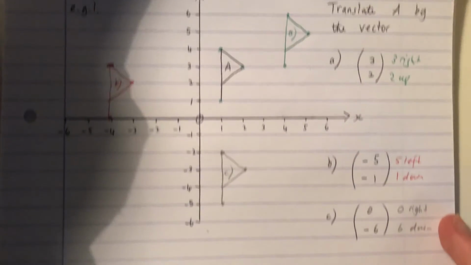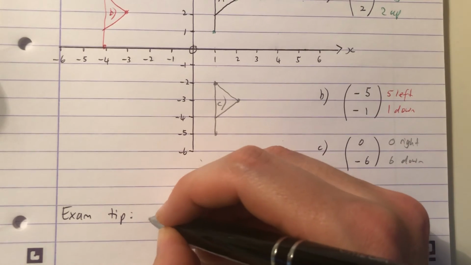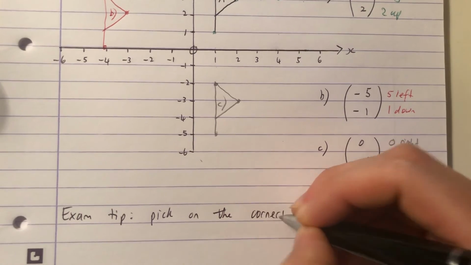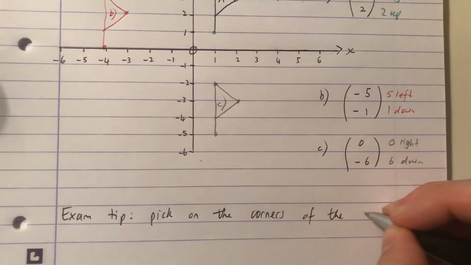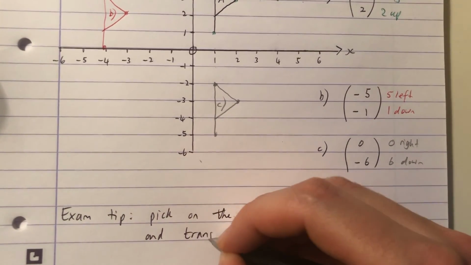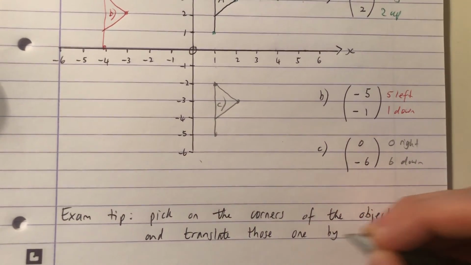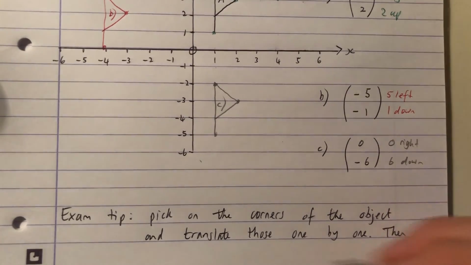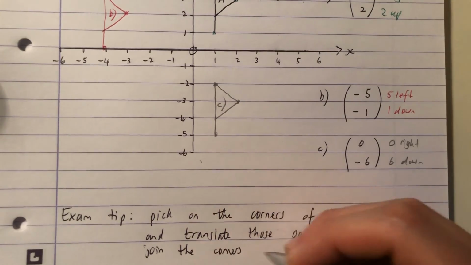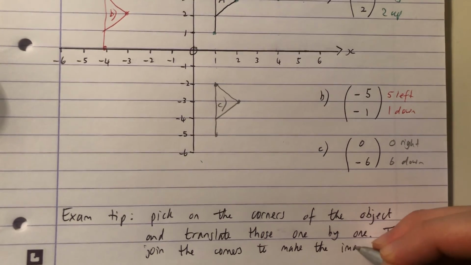So the main exam tip for today is when performing a translation, pick on the corners of the object and translate those one by one. Then join the dots effectively, so join the corners to make the image.